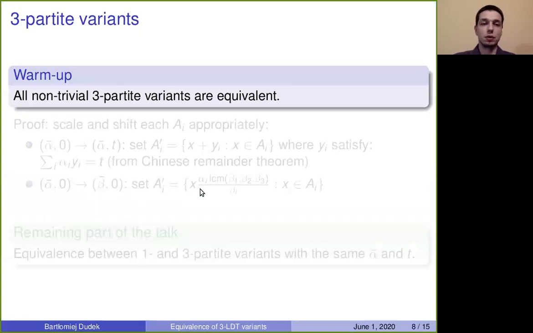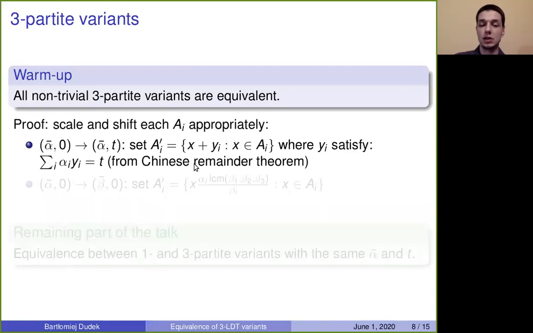Good. So to establish this equivalence, we first show that all non-trivial free-partite variants are equivalent. So the proof is that we can scale and shift every set appropriately. So to change this coefficient t from 0 to something non-zero, we simply add numbers y i that satisfy this equation, and we can obtain these numbers from the Chinese remainder theorem. And that's it.